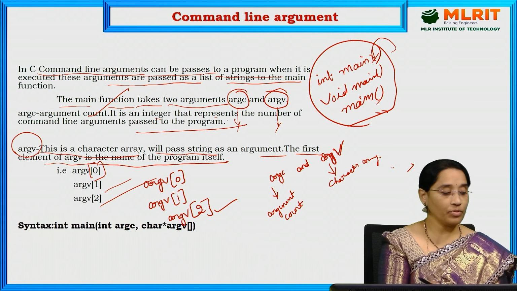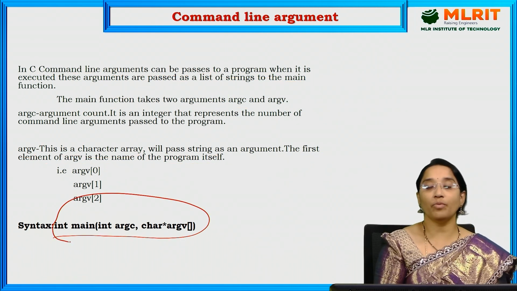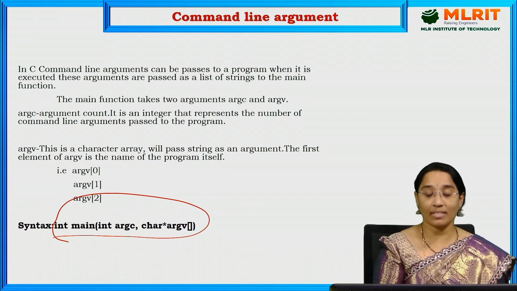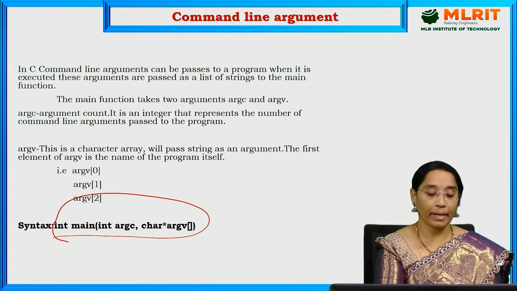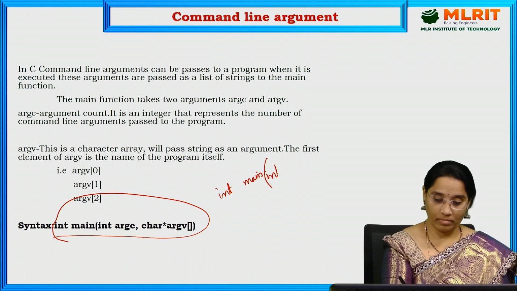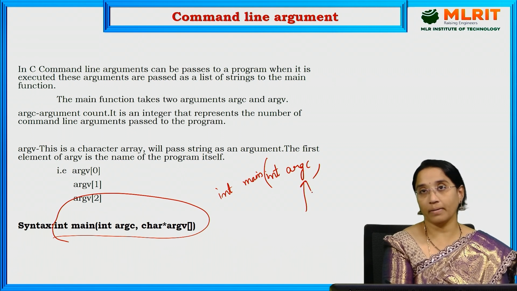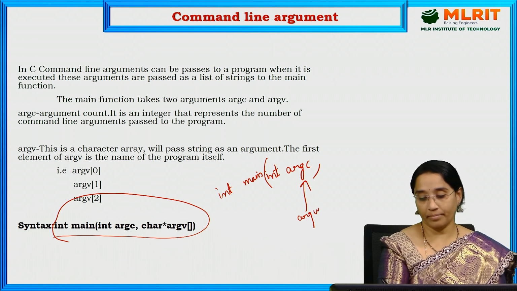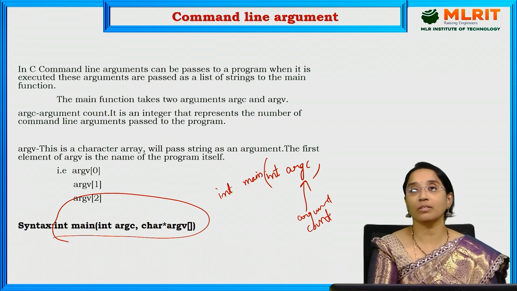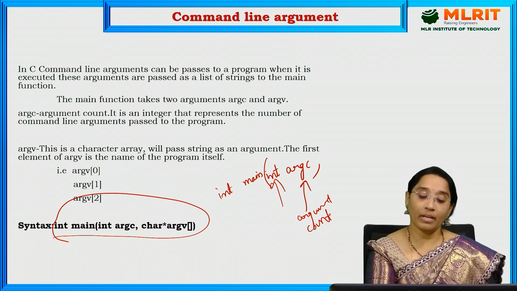The syntax for this is command line arguments in C. As I told in the main section, you directly pass these as parameters. So, int main, int argc. This is the argument count, and its type is integer, so the type will be int.